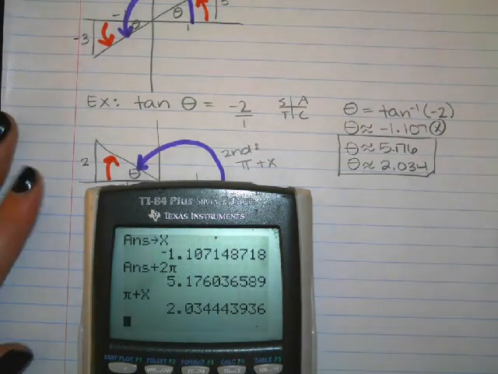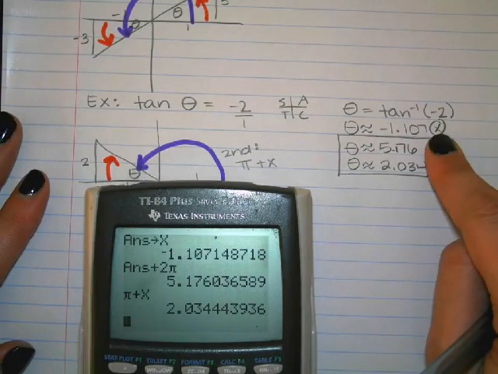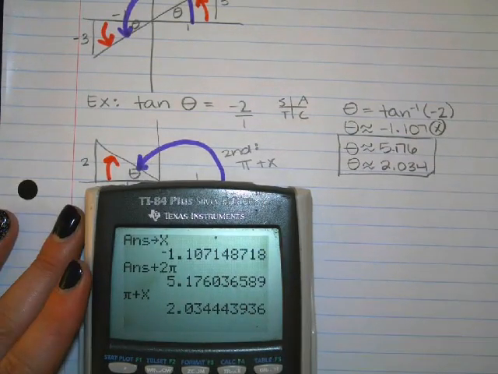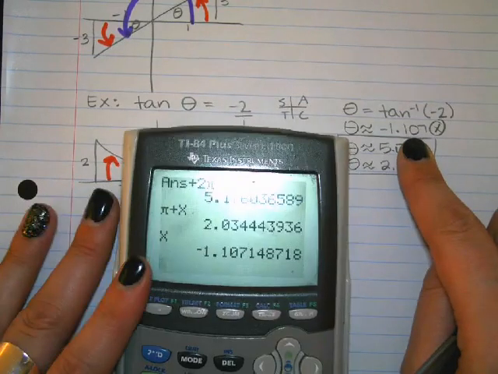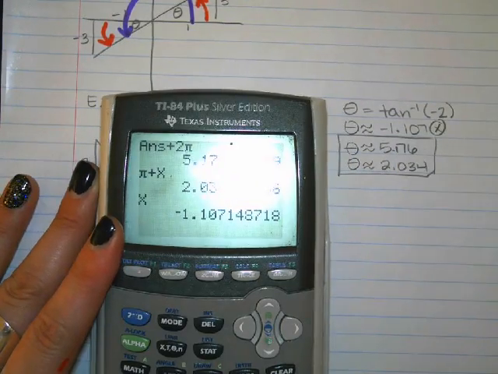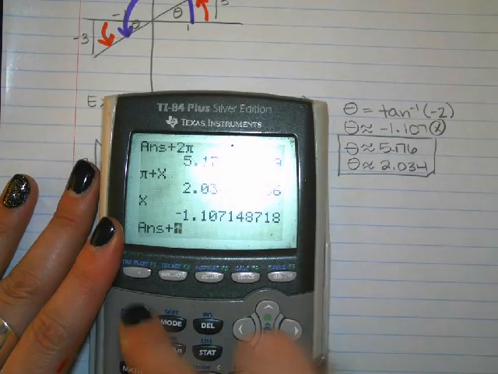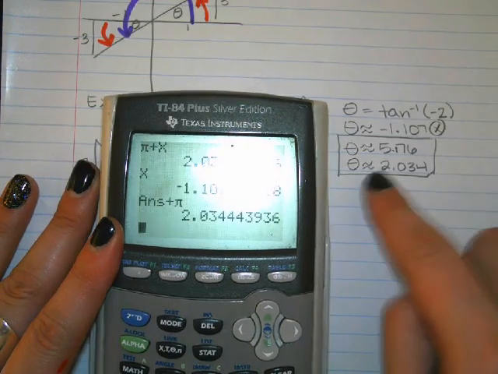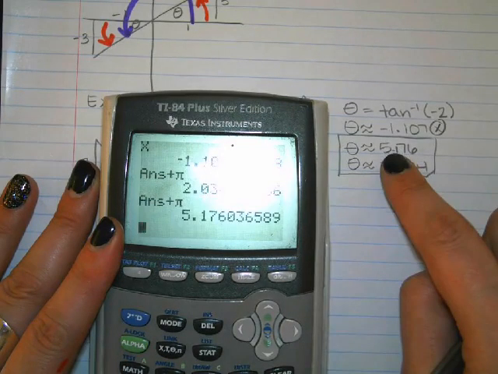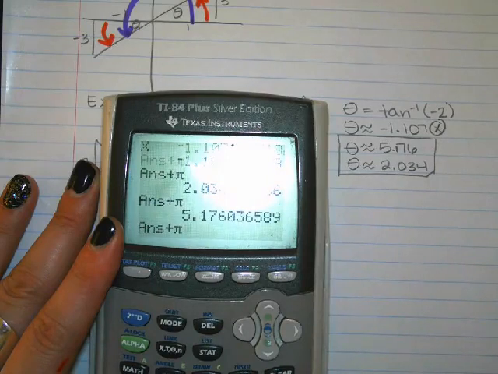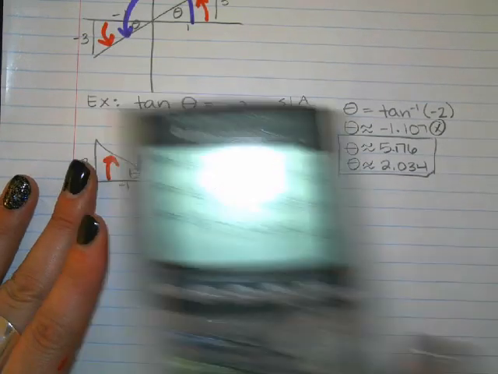So, for instance, with this problem right here, remember my x was negative 1.107. If I added pi, because it's a tan graph and my answers repeat every pi, then I get to the 2.03. If I add another pi, I get to the 5.176. And I could keep adding pi's, and then I could keep getting more answers.